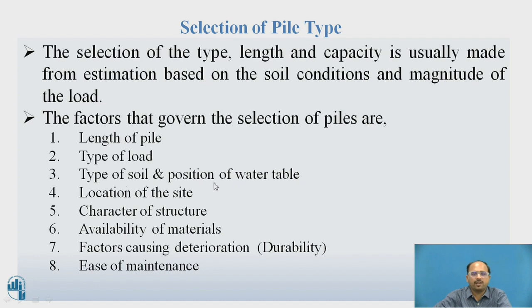Based on the type of soil and position of water table, we will decide the length and diameter of the pile. Next are the location of the site, character of the structure, availability of material during construction time, durability of the pile foundation, and ease of maintenance.